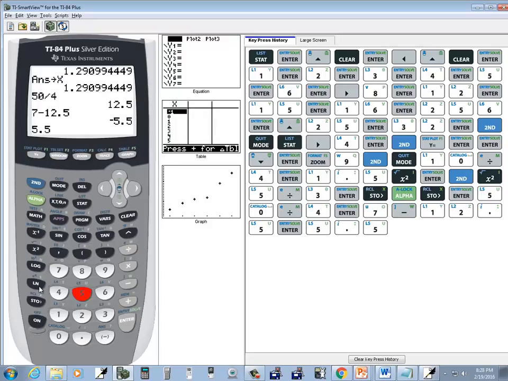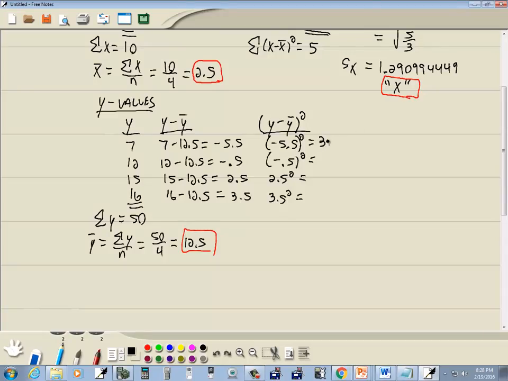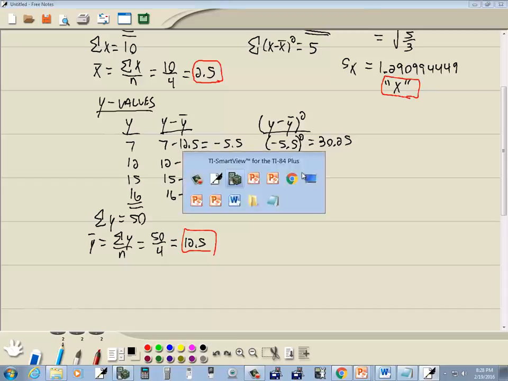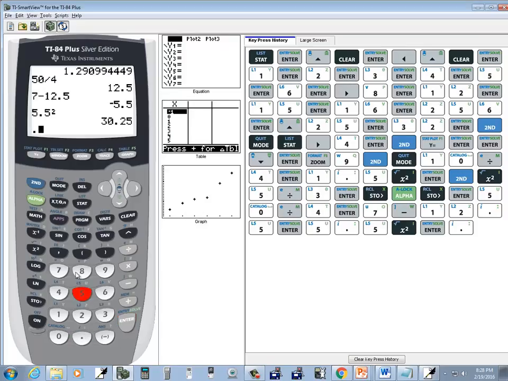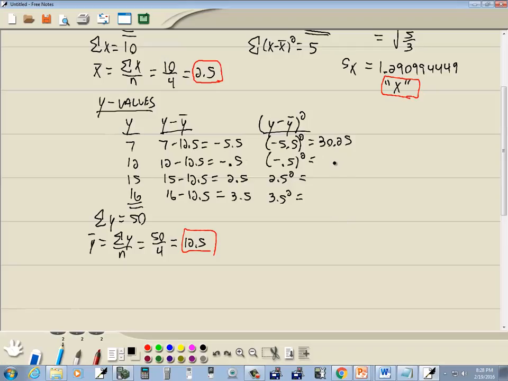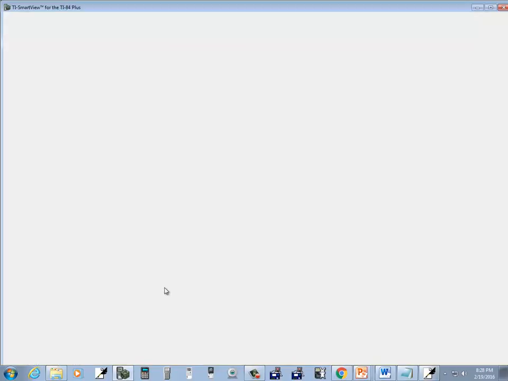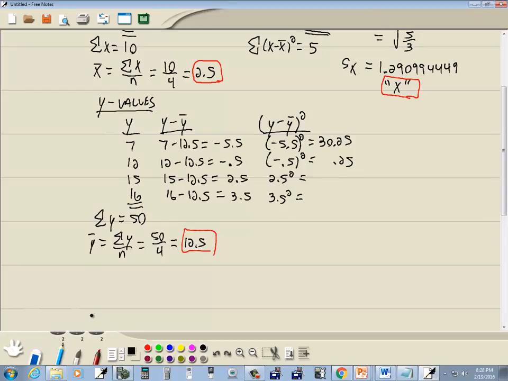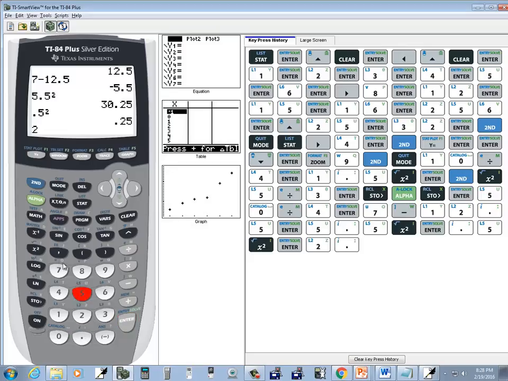So 5.5 squared is going to give us 30.25. 0.5 squared, I think, is 0.25. 2.5 squared should be like 6.25, I think.